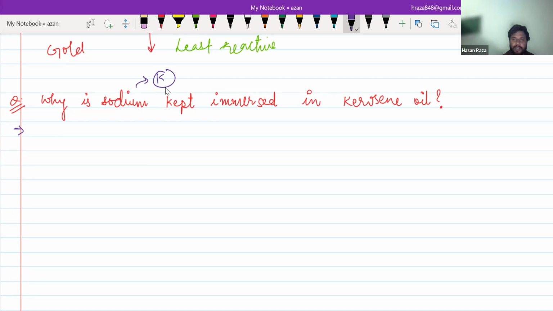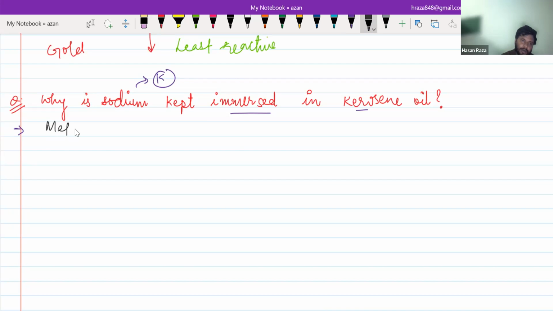That means they will react with the oxygen and catch fire. To prevent this, they are kept immersed in kerosene oil. Very good. So you have to write all the lines, not only that it is very reactive.